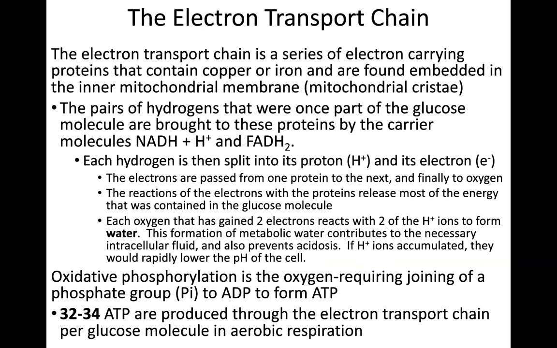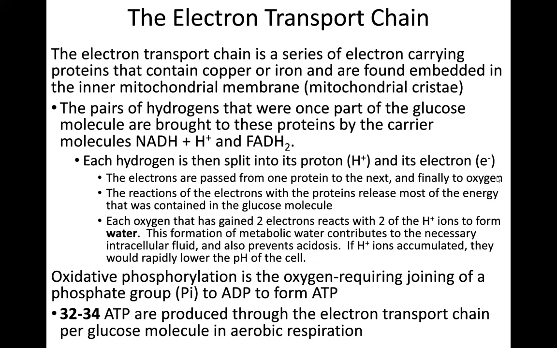Okay. The pairs of hydrogens that were once part of the glucose molecule are brought to these proteins by the carrier molecules of NADH plus H plus and FADH2. Each hydrogen is then split into a proton, H plus, and its electron, which is just abbreviated E with the negative symbol there because it's negatively charged. Electrons are passed from one protein to the next, and then finally oxygen accepts it.